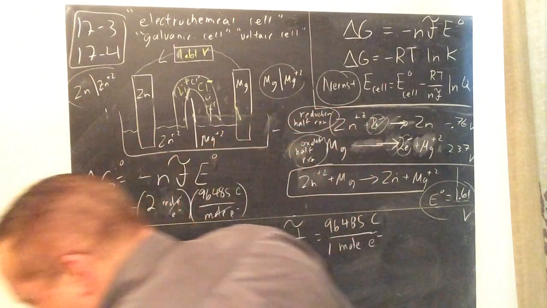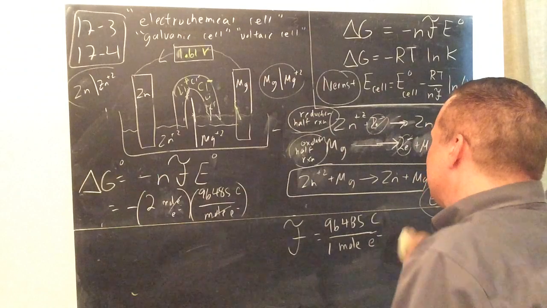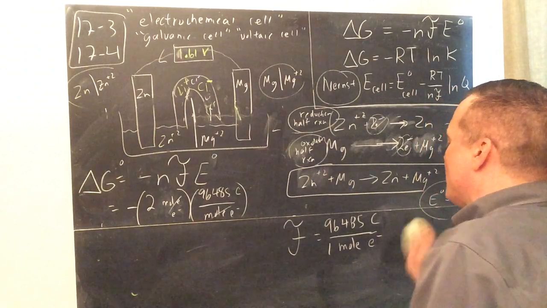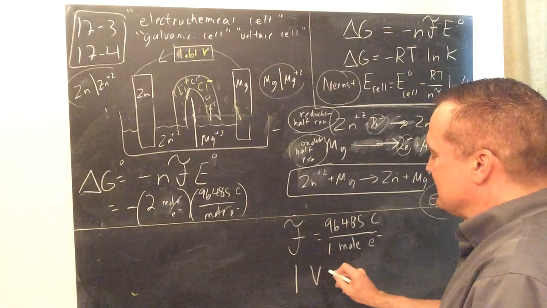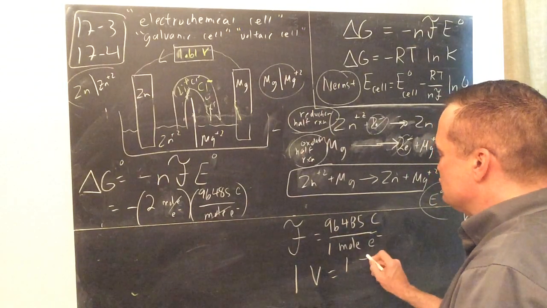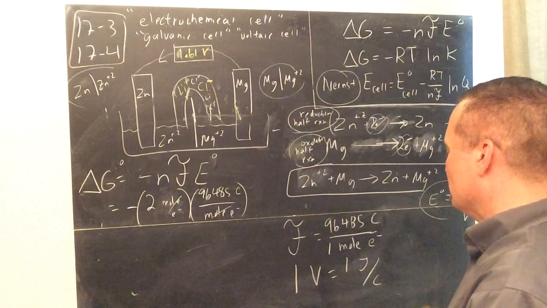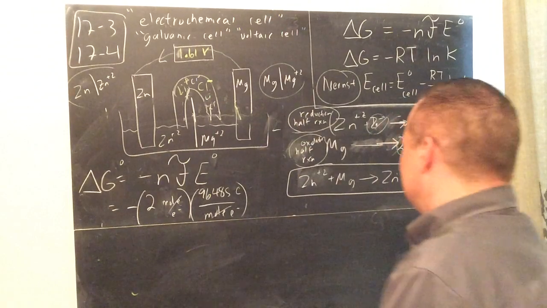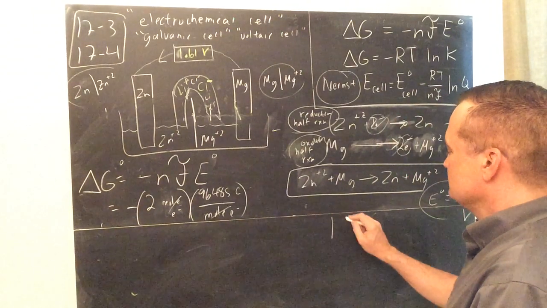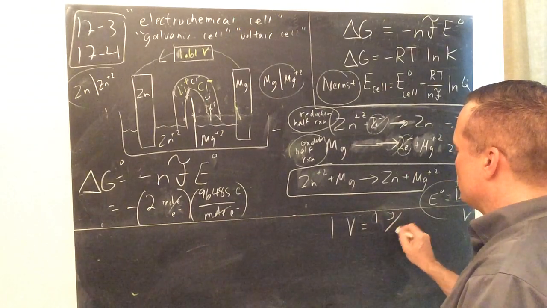Now here's how you do this. You need to remember this number and know that 1 volt is equal to 1 joule per coulomb.